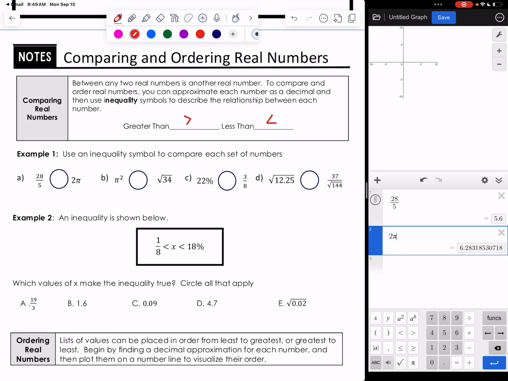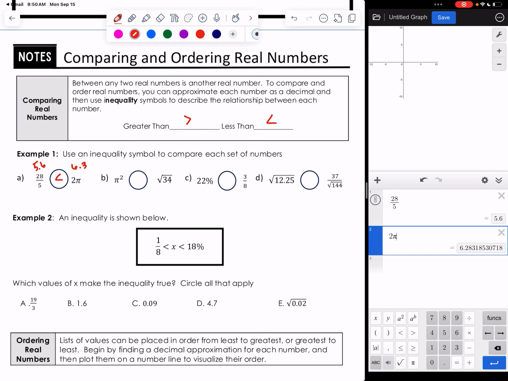It was a terminating decimal, so 5.6. 2 pi is irrational, so I need to round it, and I will round it to 6.3. It's closer to 6.3. So we want to compare these. Is 5.6 greater than or less than 6.3? And obviously 5.6 is less than 6.3.